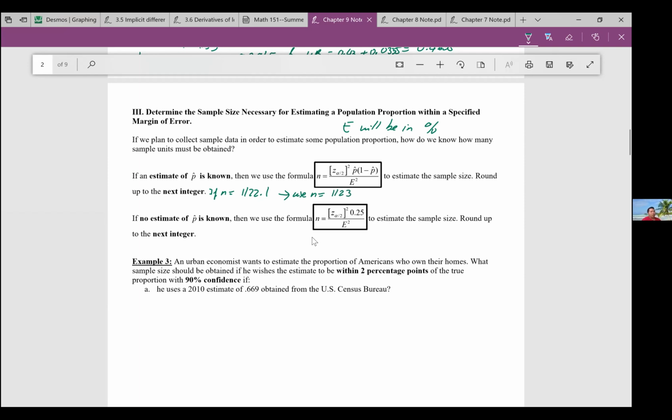So why do we round up to the next integer? Because we are doing an experiment, more will always be better than less. Does that make sense? So the more people we survey, the better result we're going to have. So we always round up to the next integer.